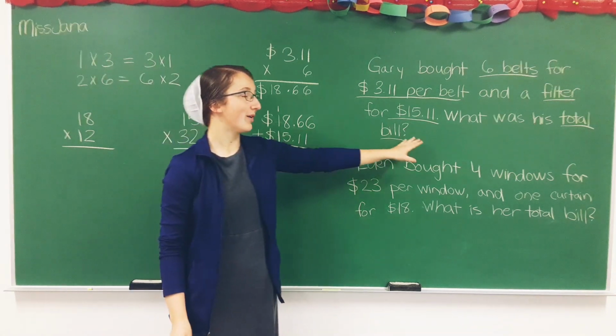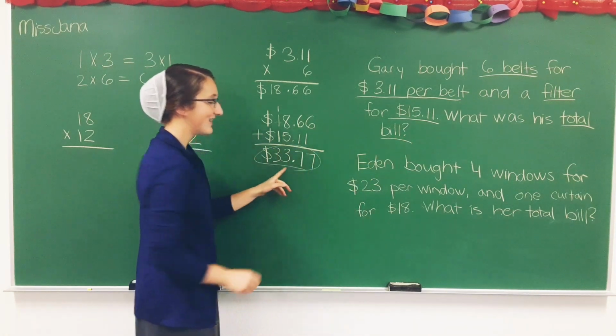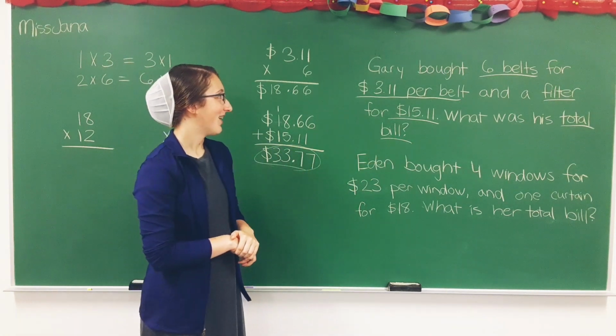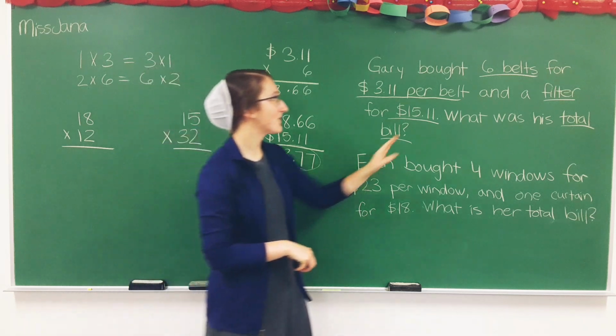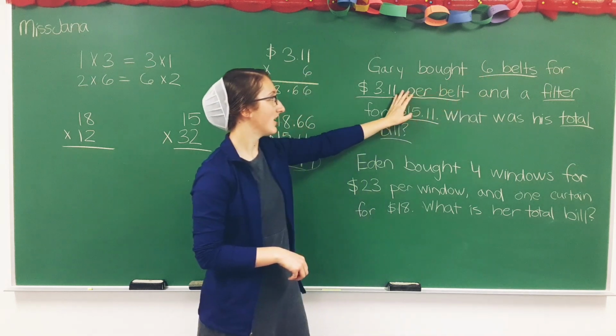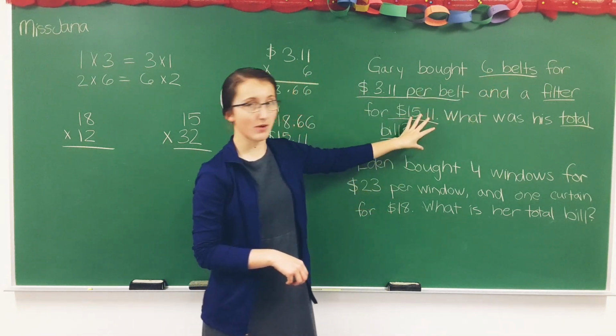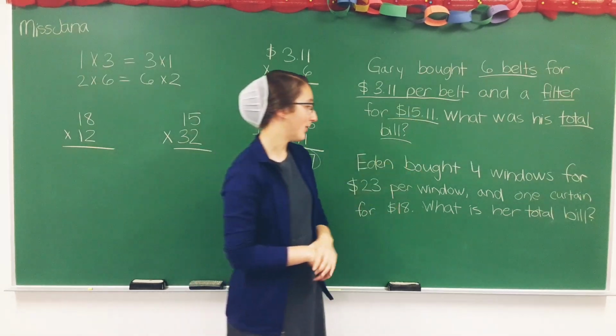So the total bill that Gary spent was $33.77. Do you see how we have 2 steps? First we find how much he spent altogether on the belts, and then you add in what he spent on the filter for the total bill.